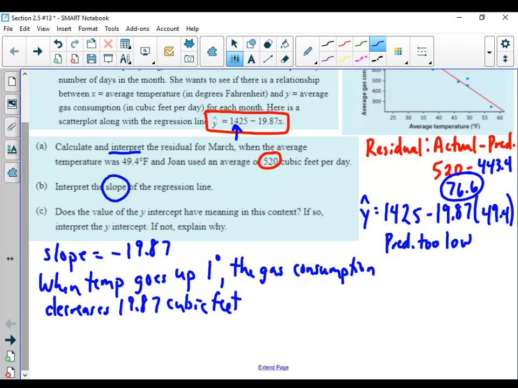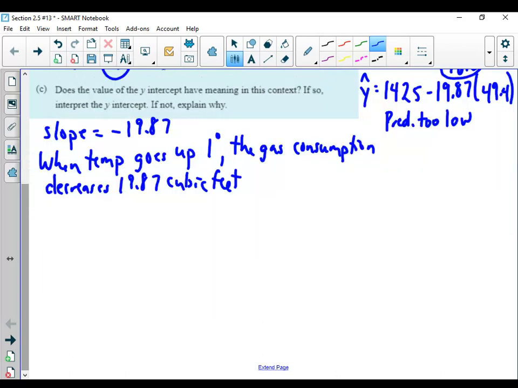So let's see if that would make sense. First of all, is it possible to have a temperature of 0 degrees? Yes, there's been 0 degrees around here before, so that's possible. So the question of does it have meaning? Yes, this one would have meaning, because I can have a situation where the temperature could be 0.